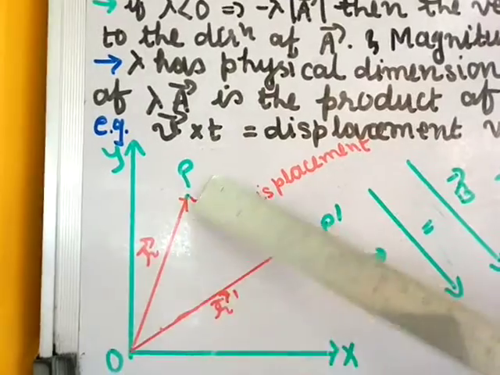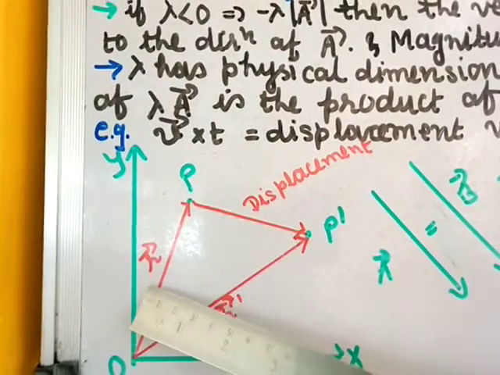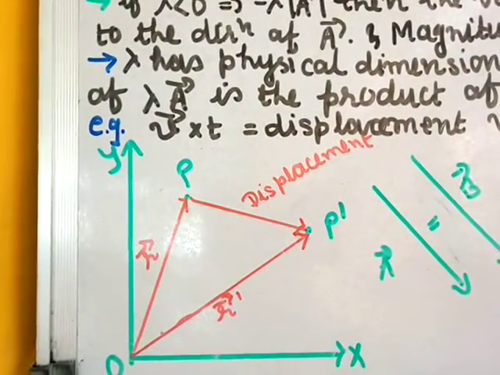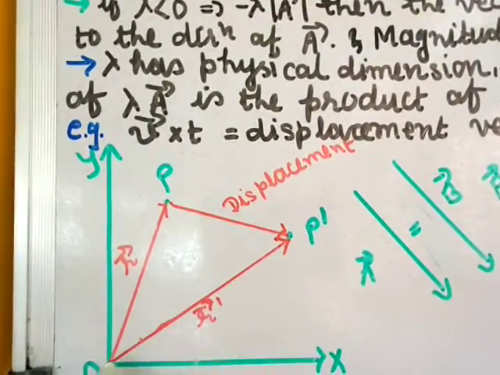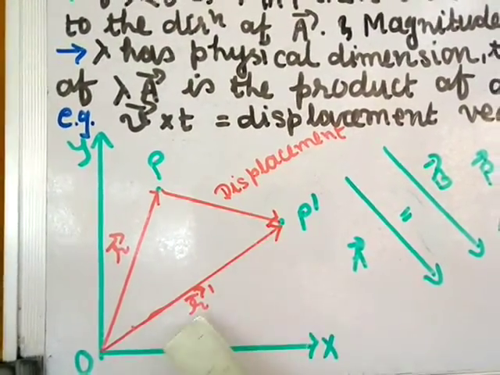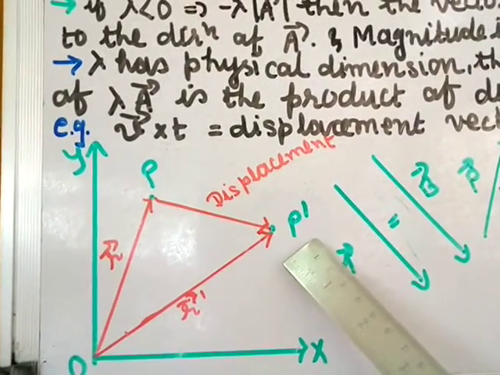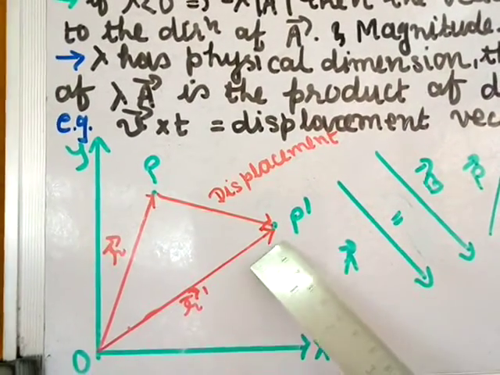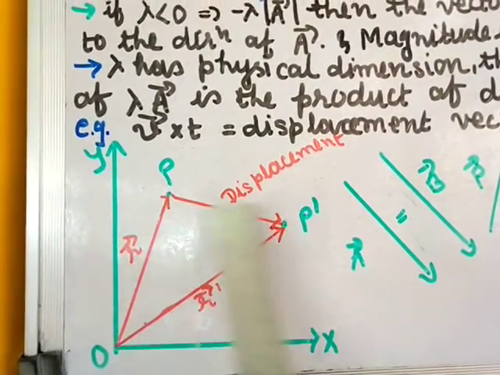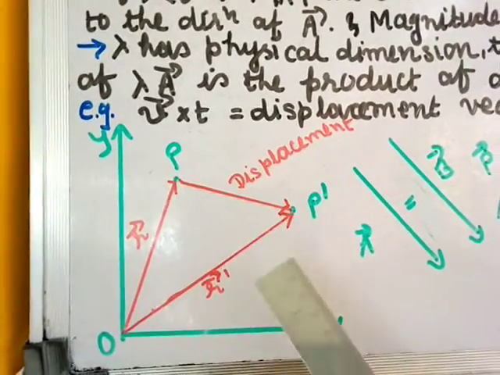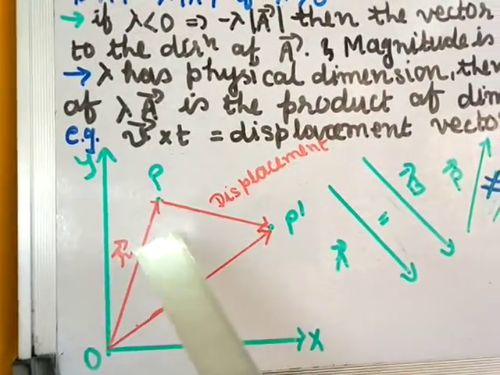The straight line joining O and P is vector R, the position vector of the object when it is at P, and this is R dash, the position vector of point P dash. And if I join P and P dash, this vector represents the displacement vector from P to P dash.